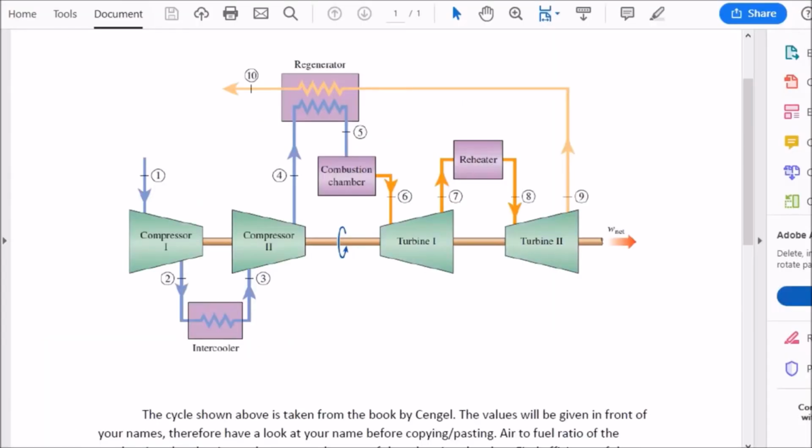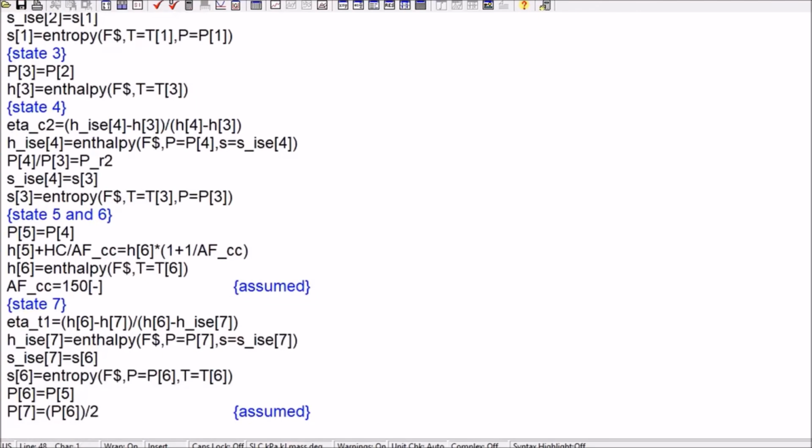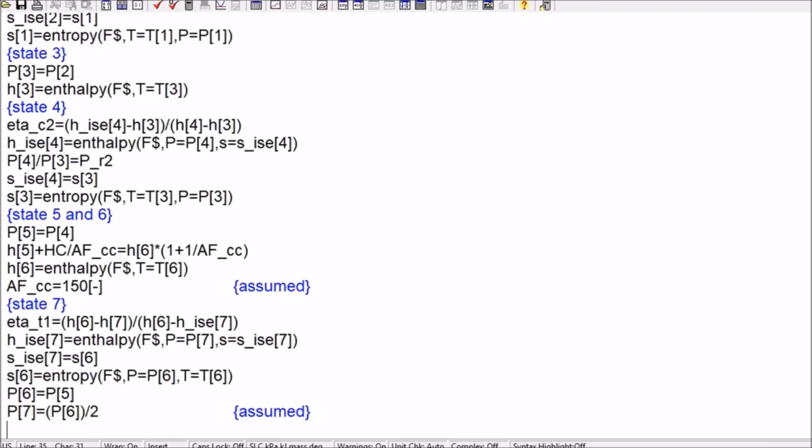Now state 8. Again we have a combustion process after state 7, so let's do that again. Similar things: you will have an air-fuel mixture, and then again the ratio. Now, instead of the air to fuel ratio of the combustion chamber, you will have the air to fuel ratio of the reheating chamber.